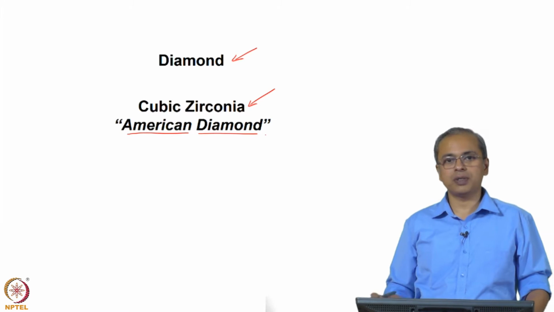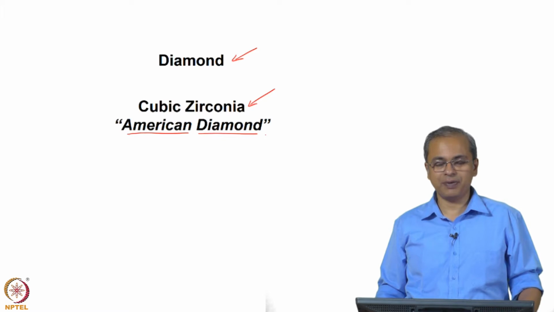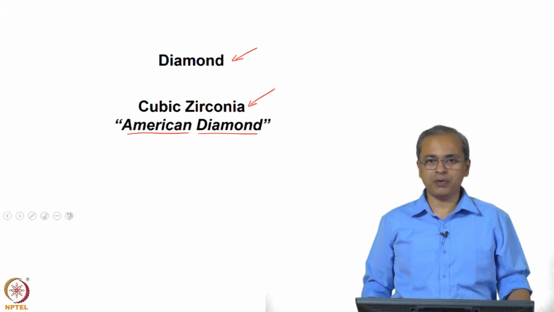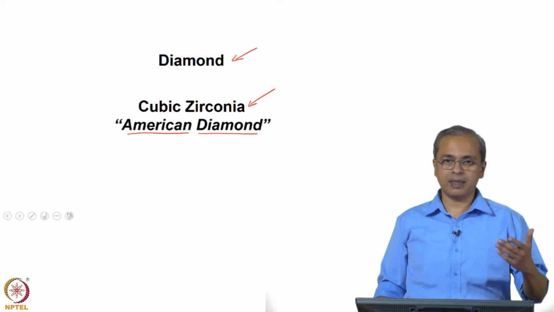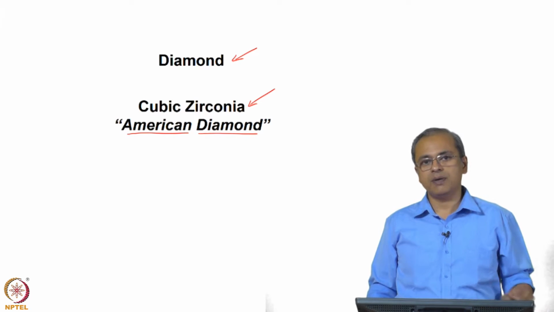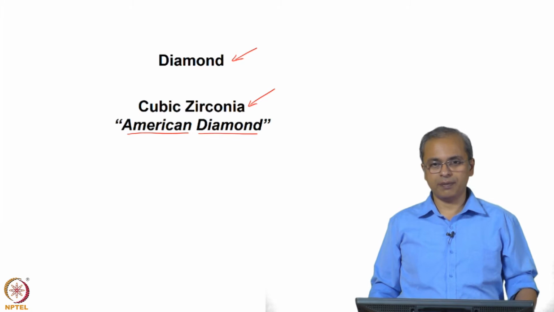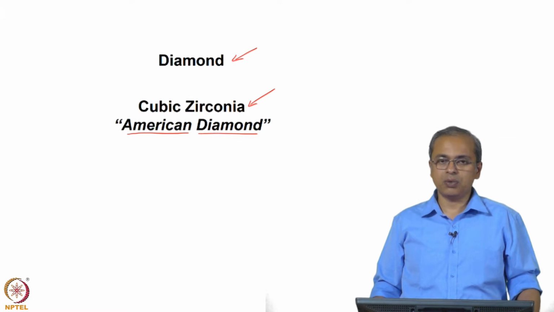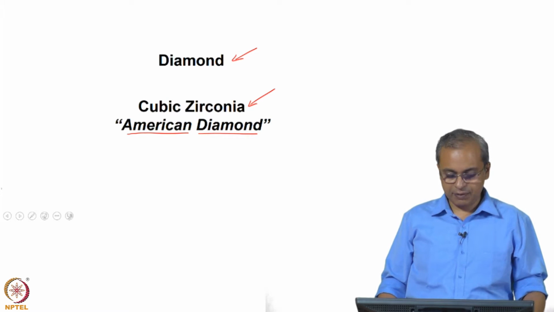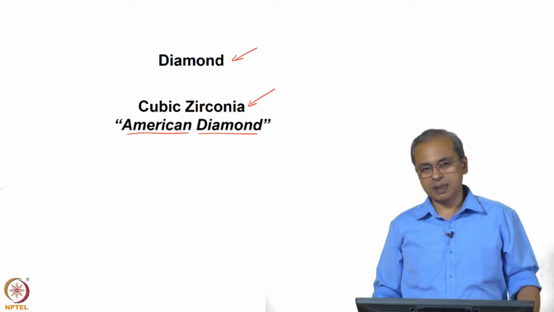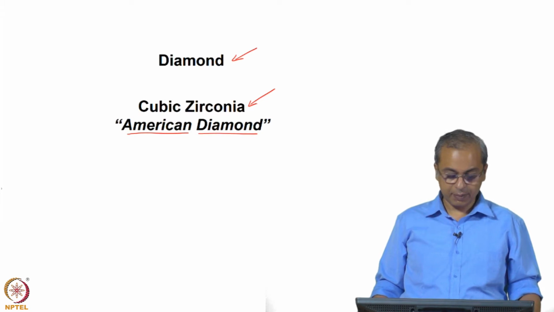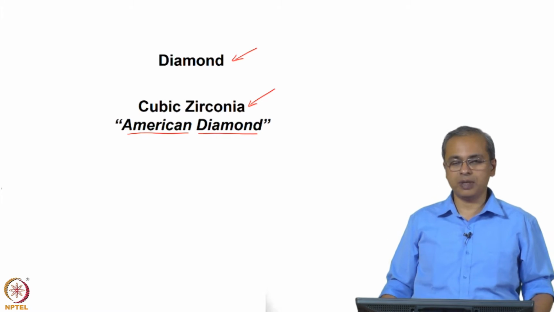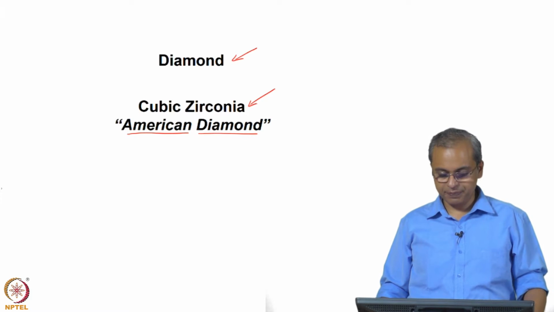I am not really sure what the origin of this phrase is, but in India if you go to many of these stores where they make this kind of jewelry, say a necklace filled with these kinds of artificial diamonds as they are called, they tend to call them American diamonds. If you go to some of the foreign countries, you will find it being referred to as cubic zirconia only. They do not really refer to it as the American diamond.